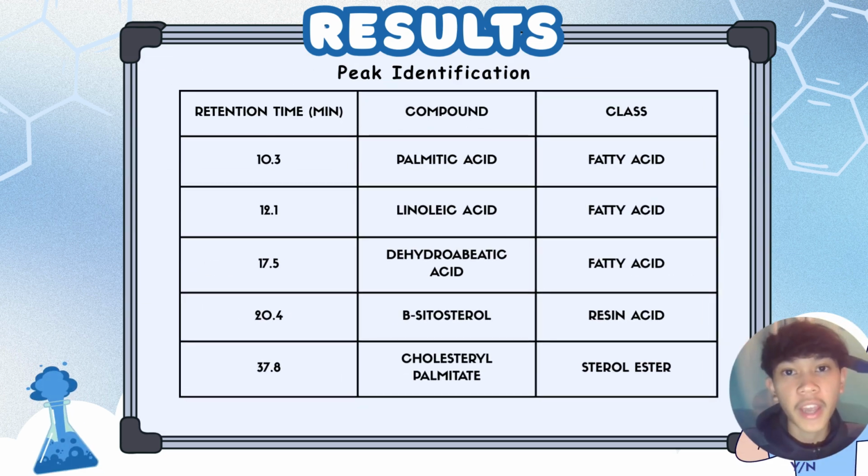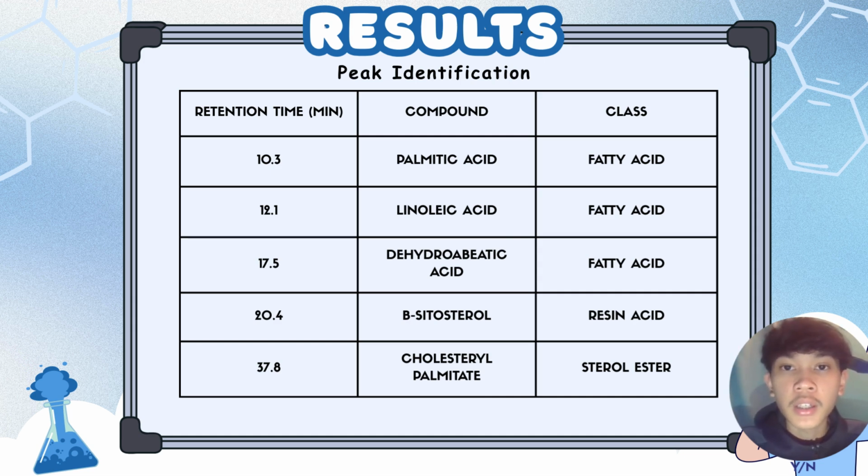Next, the peak identification. The highest peak is at 10.3 minutes, palmitic acid in the fatty acid class, followed by linoleic acid at 12.1 minutes, which is also from the fatty acid class, and then followed by dehydroabietic acid at 17.5 minutes from the resin acid class.